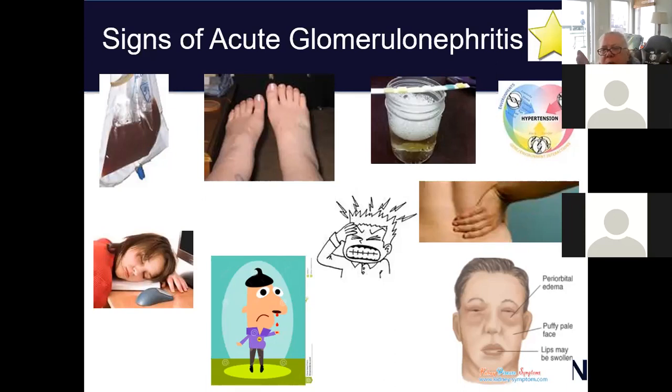You also end up with some hypertension, flank pain, facial swelling. They could be prone to nosebleeds and fatigue and headache. Those are those other two crazy things.